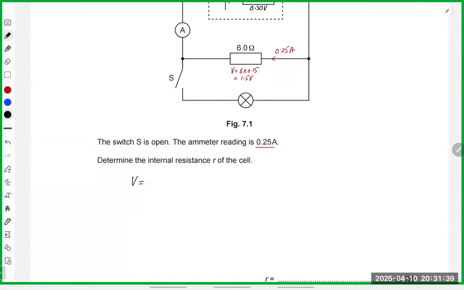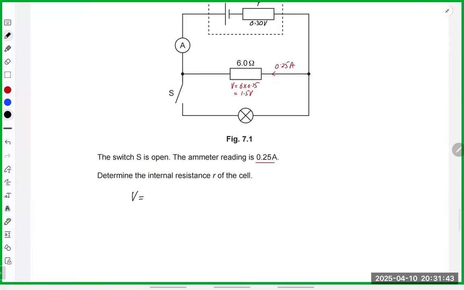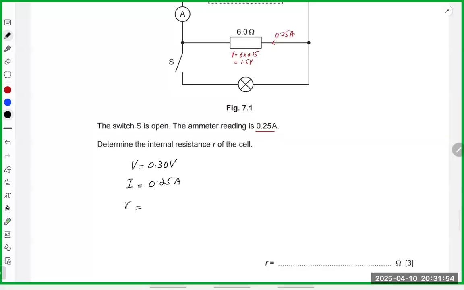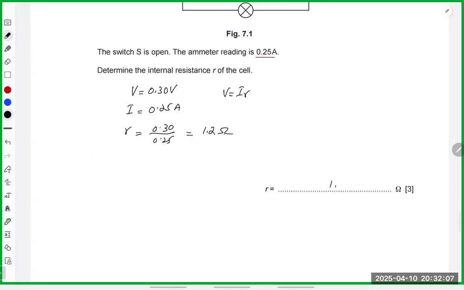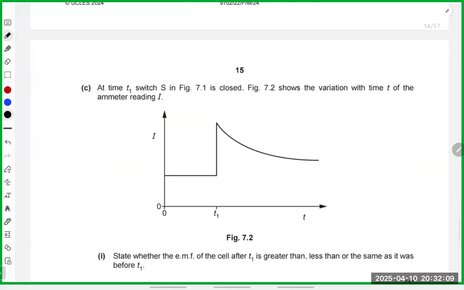Now, voltage is 0.30 volt, current is 0.25. Can we find internal resistance? Because V equals IR, so r equals 0.30 divided by 0.25. I guess it should be 1.2 ohm. 1.2 ohm is the internal resistance.